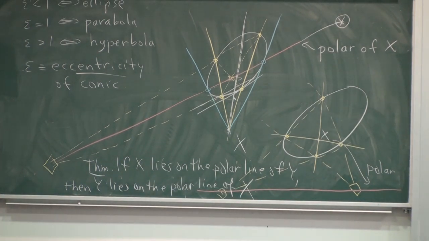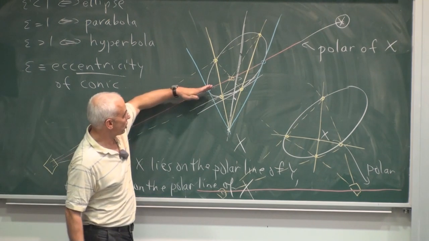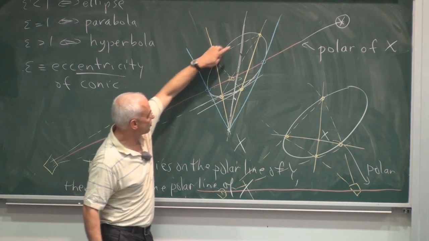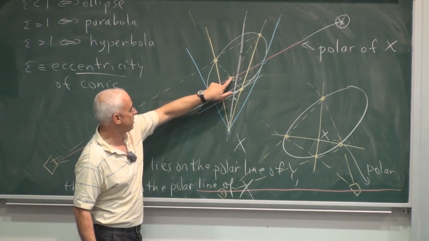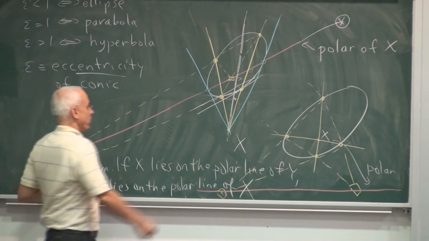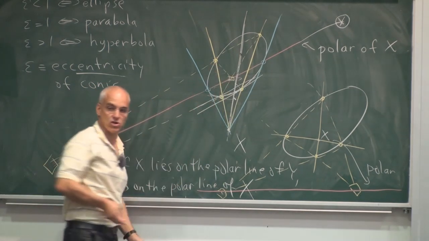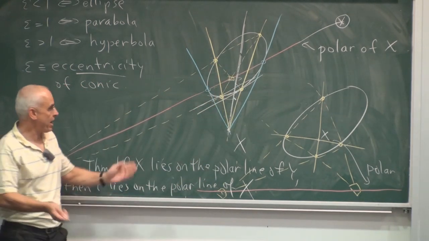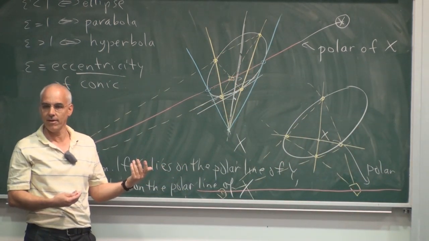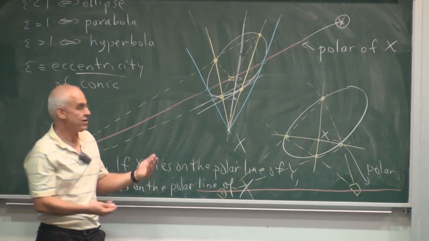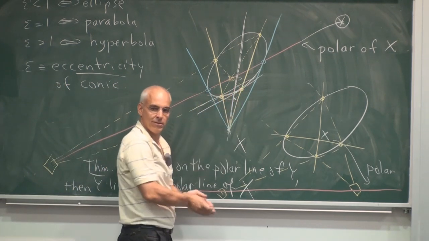Now you might say, well, wait a minute, you seem to be cheating here, because when you started with this second construction of the polar, you said, just choose any two lines. And then these 2 points that you created depended on the 4 points that you chose. Well, what would happen if I chose a different pair of lines? Surely I would get something different. Suppose I moved these yellow lines.